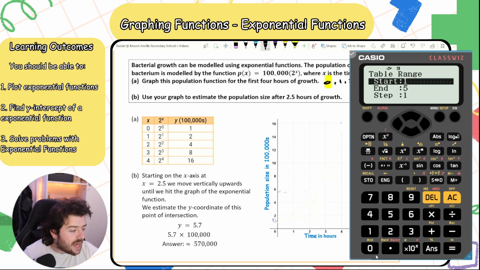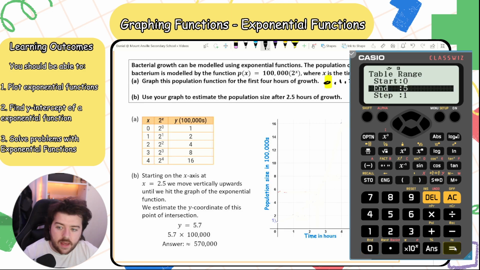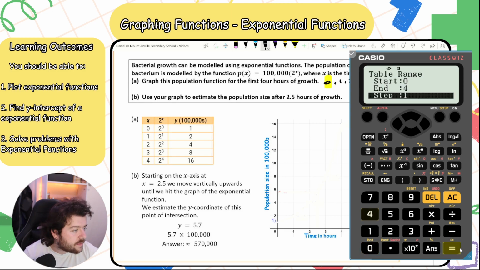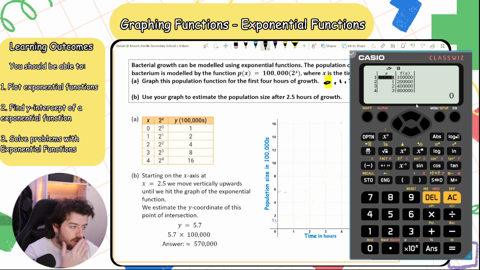I am starting at 0, ending at 4, going up in ones. And there you go: 100,000, 200,000, 400,000, 800,000, and then 1,600,000 or 1.6 million.